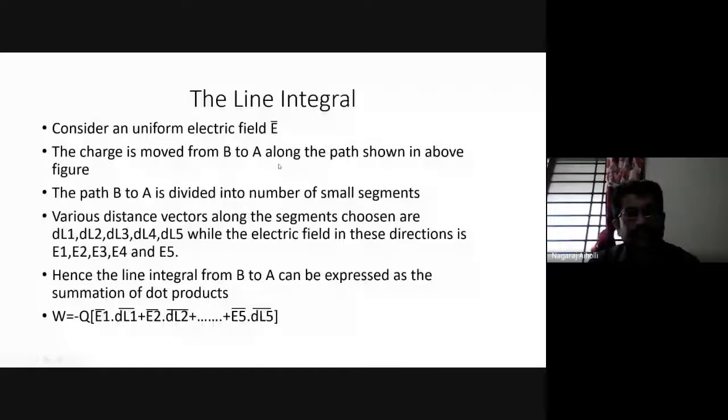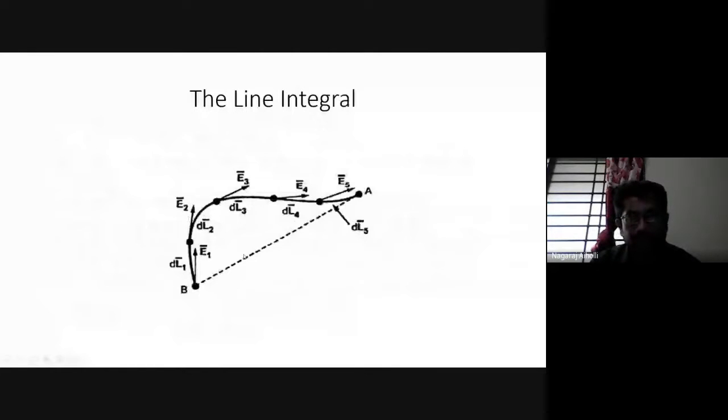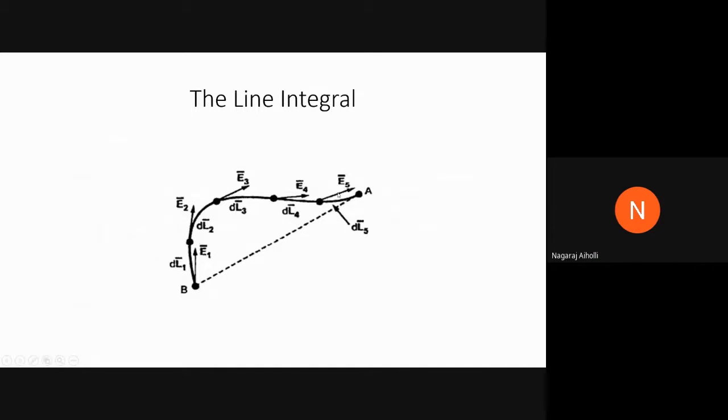Consider a uniform electric field E bar. Say the charge is moved from B to A along the path as shown in the above figure. This is the path of the charge from B to A. The path B to A is divided into a number of small segments.